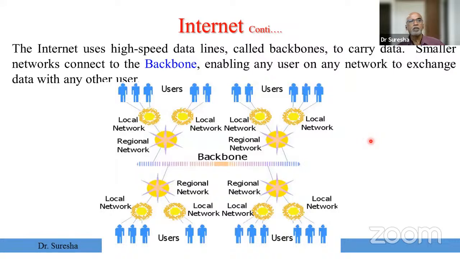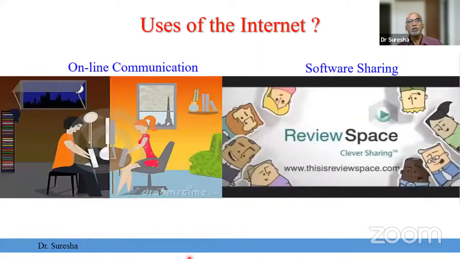The internet uses high-speed data lines called backbones to carry data. Smaller networks connect to this backbone, enabling the user on the network to exchange data with any other person. So this is a backbone, and this is how local networks will be connected. At least I believe we understood what the internet is.